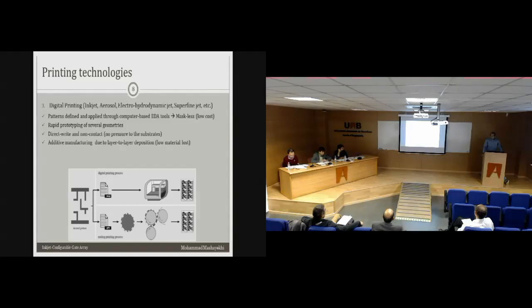Due to its concept of direct write and non-contact, the organic materials are more tolerant because there is no pressure to the substrate. And due to its additive manufacturing concept, the materials are deposited layer by layer, so there is low material loss. But the challenge is still there is a very low resolution comparing with photolithography or some analog printing techniques. So we are proposing these technologies for individual personalization of organic electronic circuits.